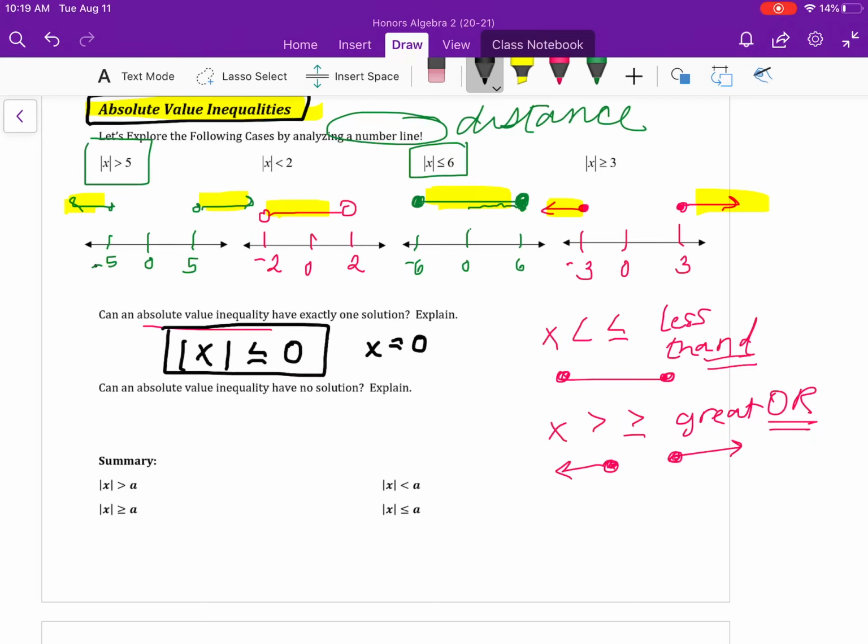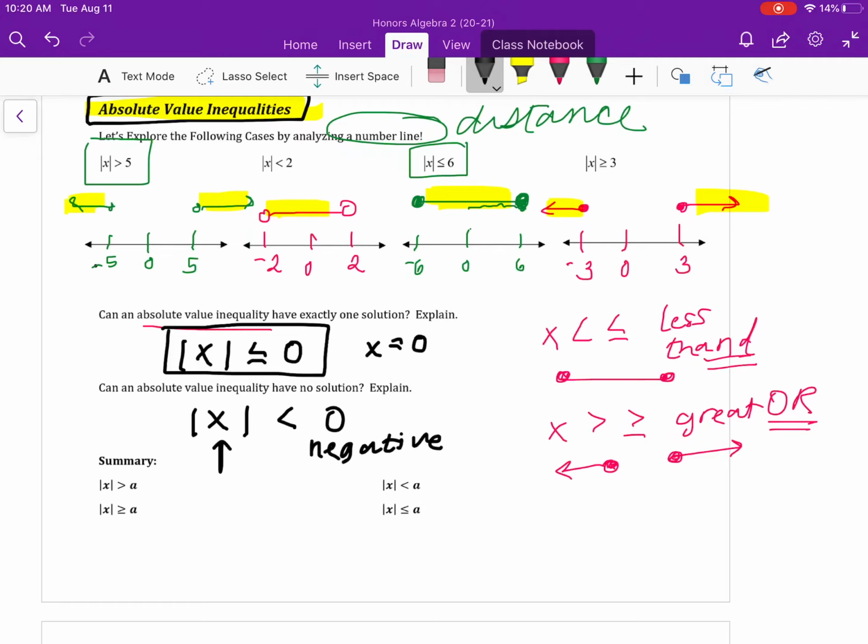So this is the only absolute value inequality that has exactly one solution. Can an absolute value inequality have no solutions? Absolutely. Look, the absolute value of something is less than 0, right? This is saying, can the absolute value ever be negative? No, right? So this has no solution.